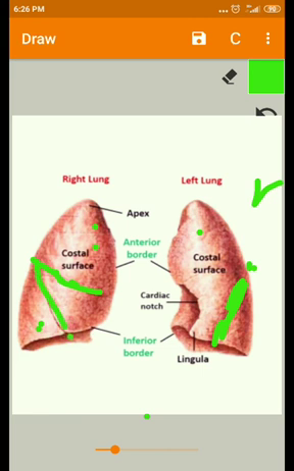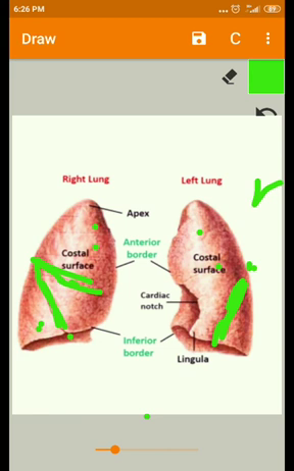These three lobes are formed by two fissures, the oblique fissure and the horizontal fissure, whereas the left lung is divided into two lobes because of only the oblique fissure. The lingula is present below the cardiac notch on the left lung, and corresponds to the middle lobe of the right lung. So this is about the other features of the lung, that is the fissures and lobes.